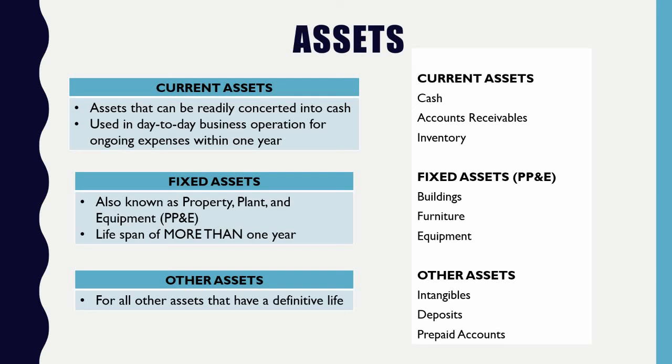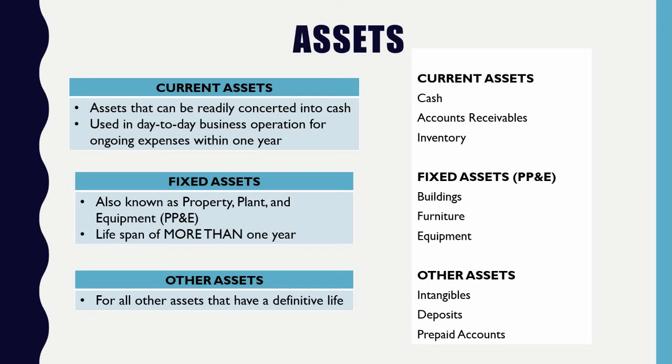Most common other assets are intangibles, things that you can't really touch, and they have some kind of legal obligation or legal right. Commonly you would see patents, copyrights, things like that. So that will all fall under the category of other assets.